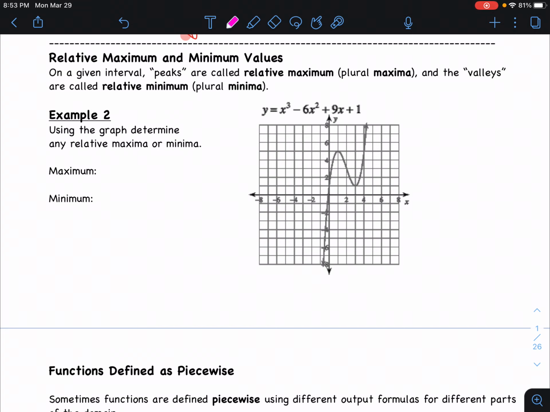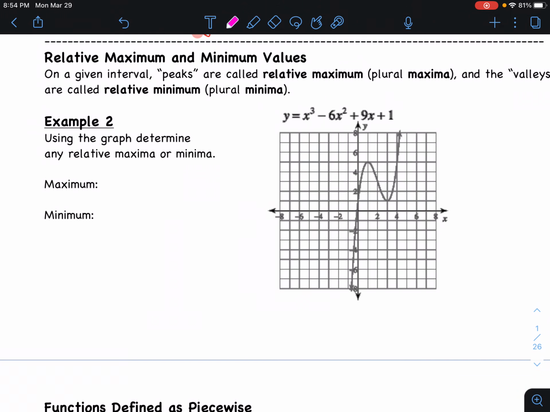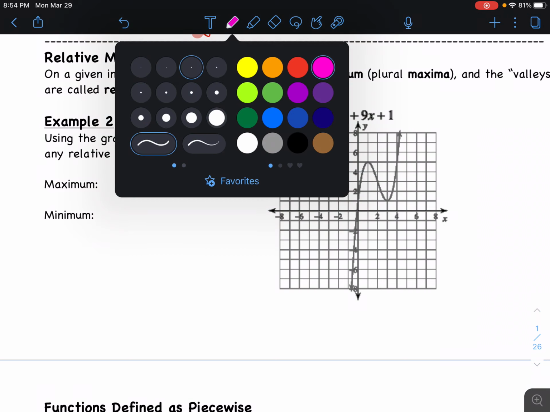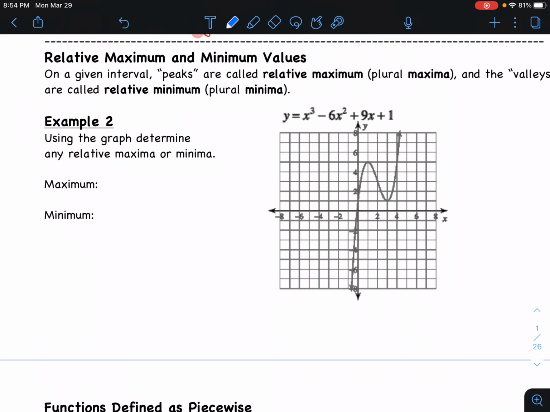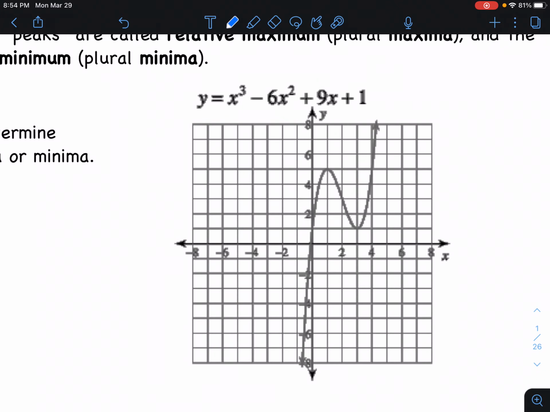Think of maximum values like peaks or the top of the mountain. Those are called relative maximum, or if there's more than one, that would be maxima for plural. So for a maximum, that would be right here, the top of this peak.